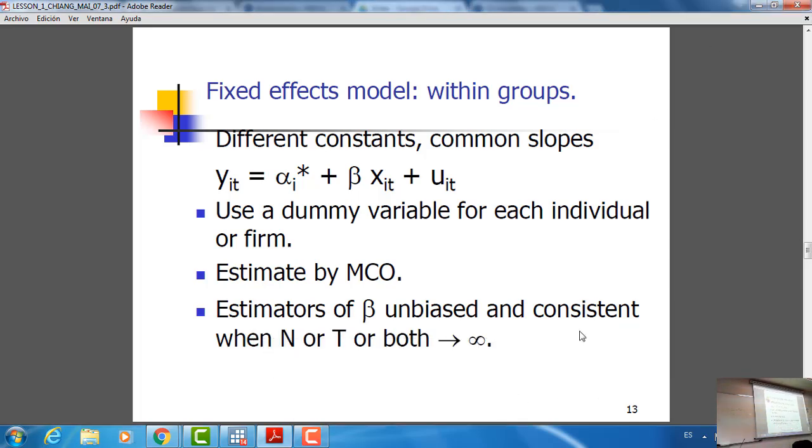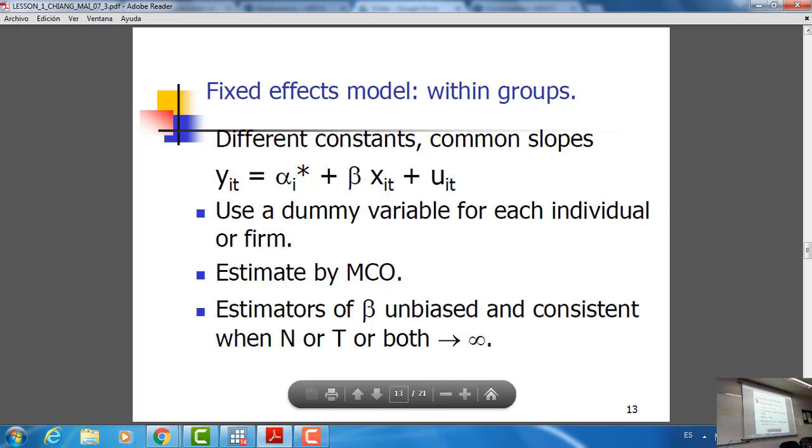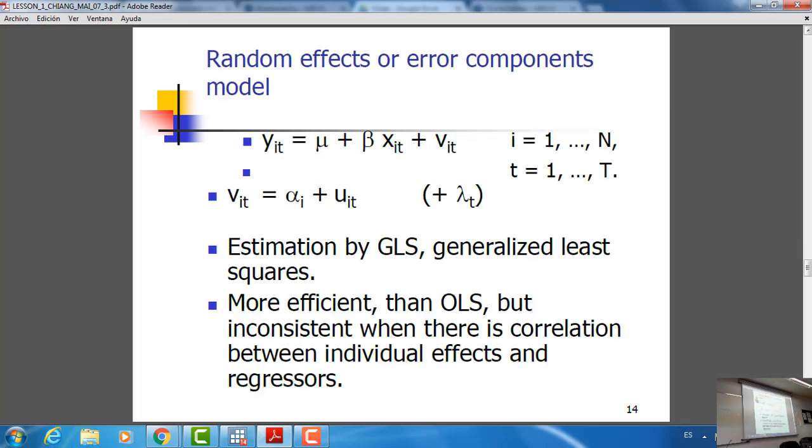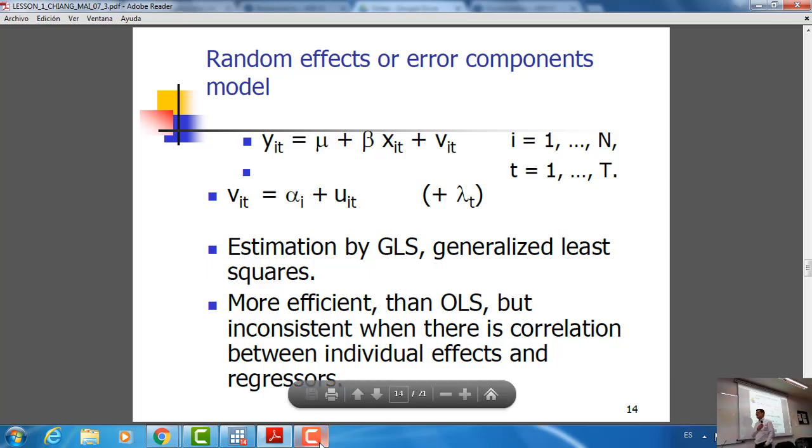So we go fast with this because we already saw this part. Then remember there was another model, a different model for the same type of data, but usually applied to different samples. This is the random effect model.